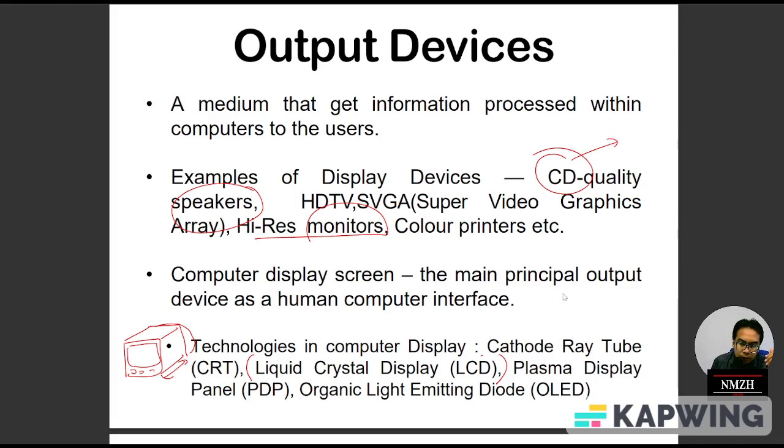So LCD came after. Plasma, I used it, I think 2008. And OLED is, I think, the youngest after LCD and plasma, and this one was available, I think, 2010 or before that. So that would be the technology behind the display.